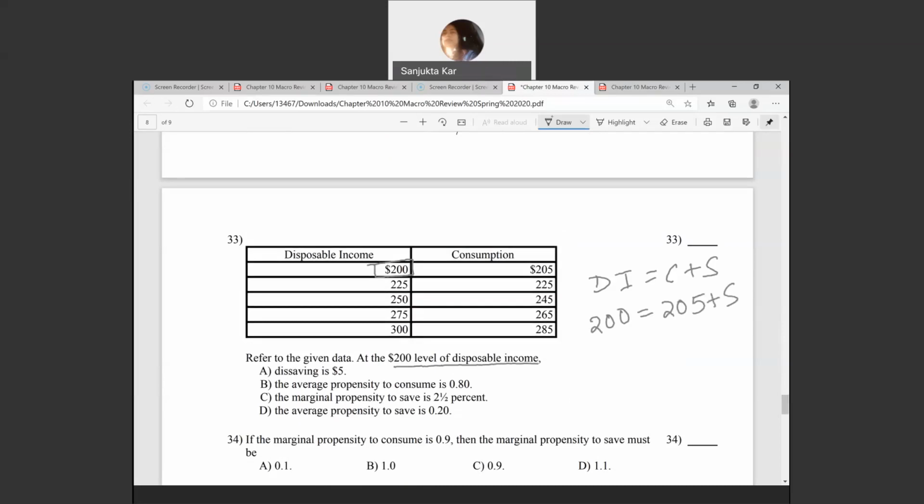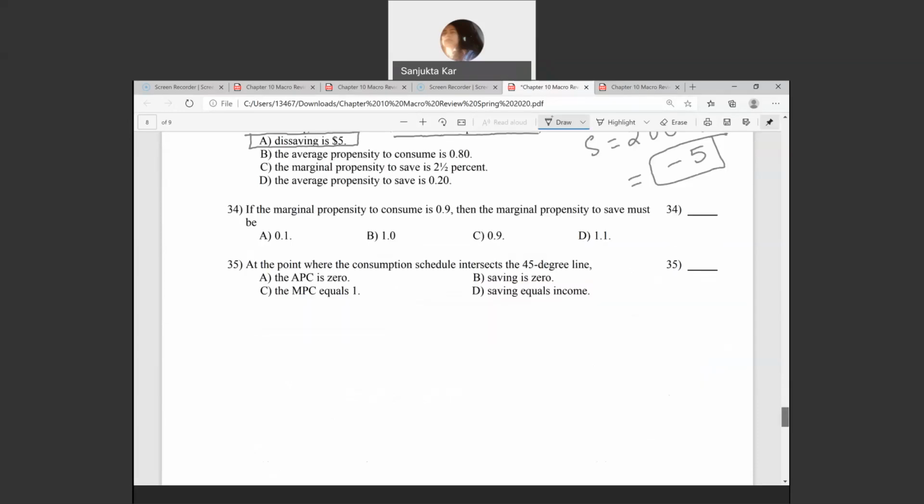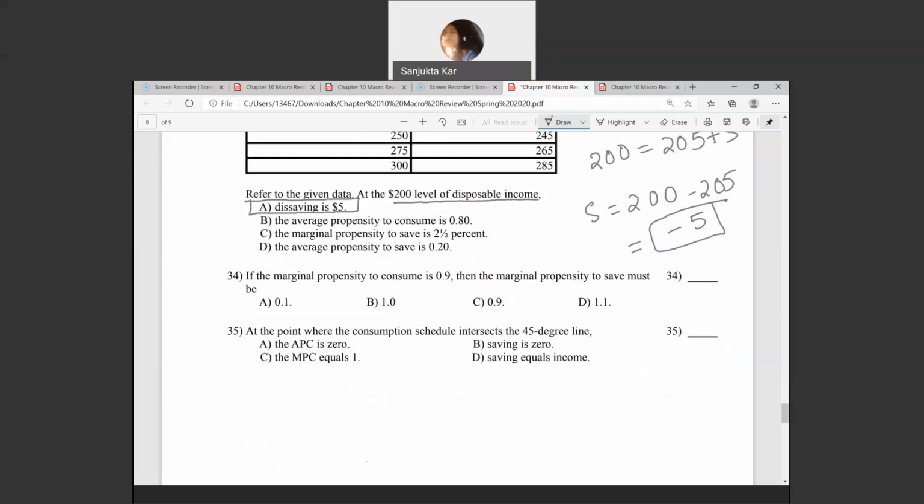Savings is something we need to find out. So my savings is 200 minus 205, which is negative 5. So we have dissavings of $5.